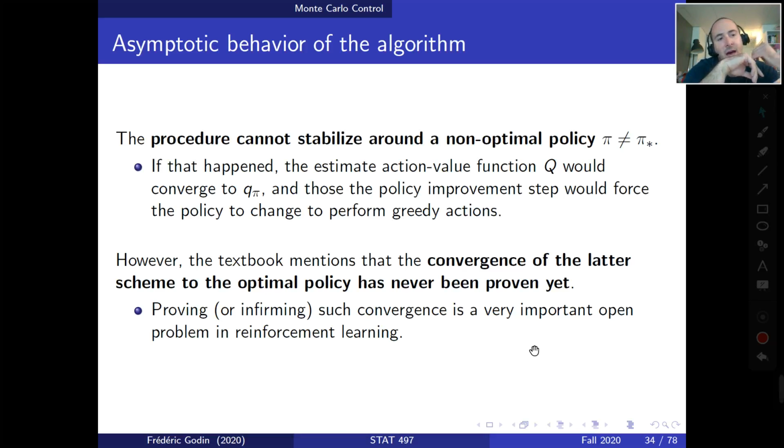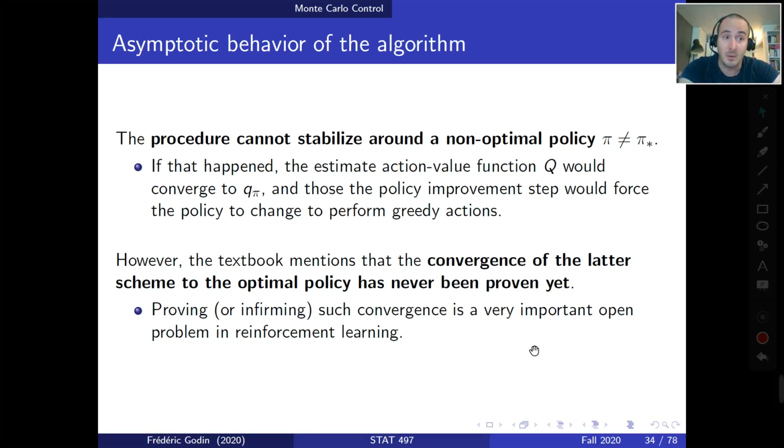Because if that was the case, then eventually the algorithm would keep on simulating episodes from that policy pi, and you would have a perfect estimate of the value function for that policy pi.